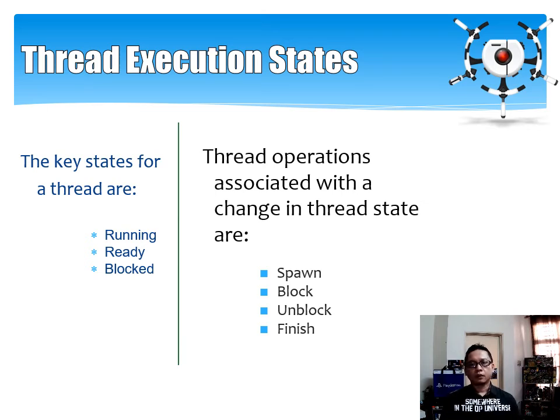Perhaps the thread is waiting for a resource, or a thread is waiting for the user to enter certain data, so it is being blocked. After the conditions are met, it is unblocked, and after the task is finished, of course the state will be finished, and those updates will be sent back to the parent process.